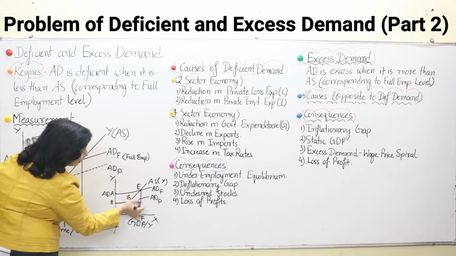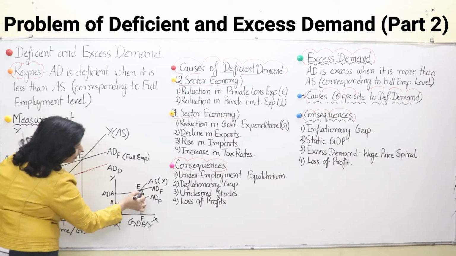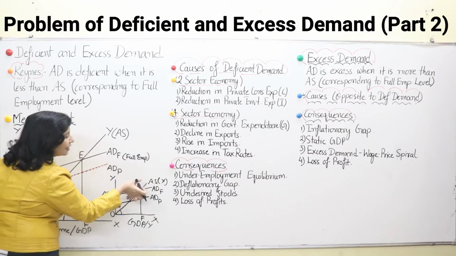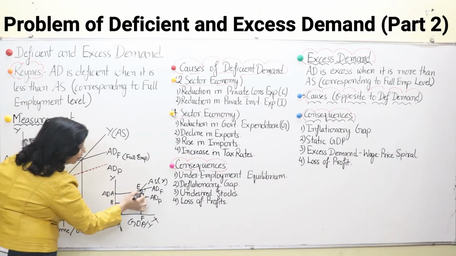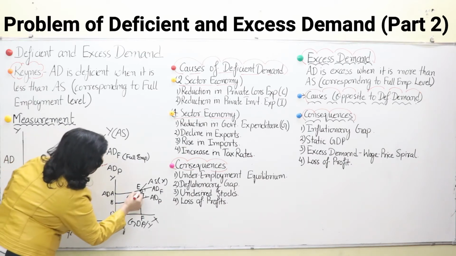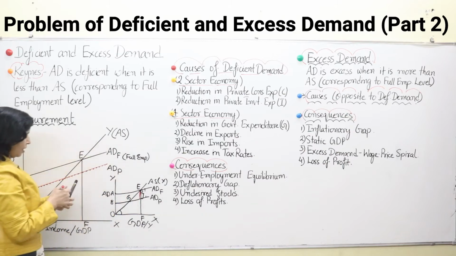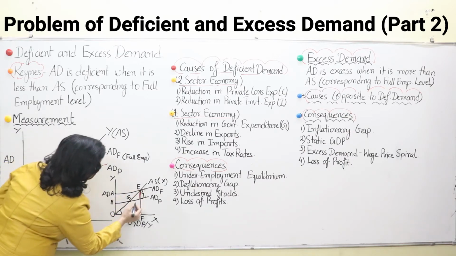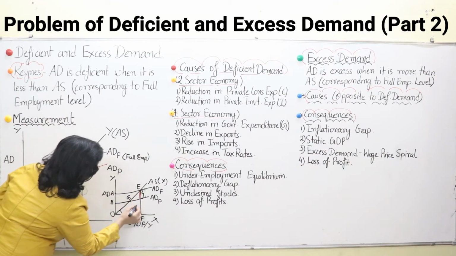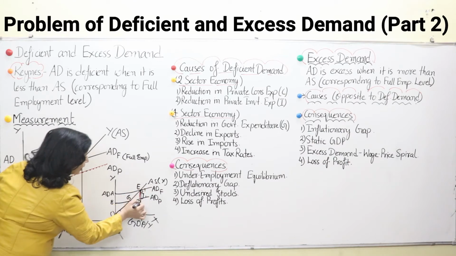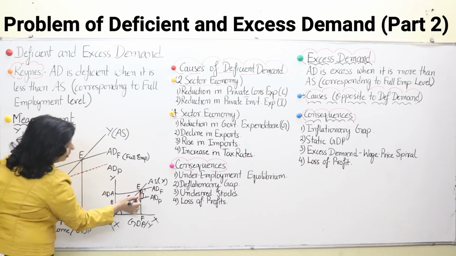This is the gap, this is the distance. This distance is the deficient demand. Looking at this particular line, this is deficient demand. E is the point over here and you can name it P, EP. So EP is your deficient demand.